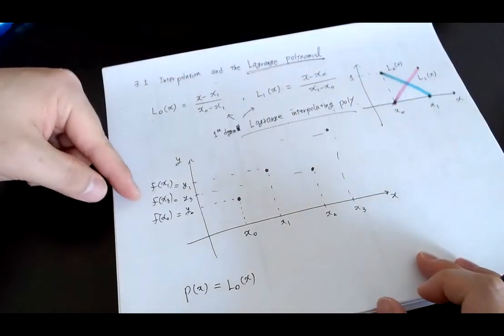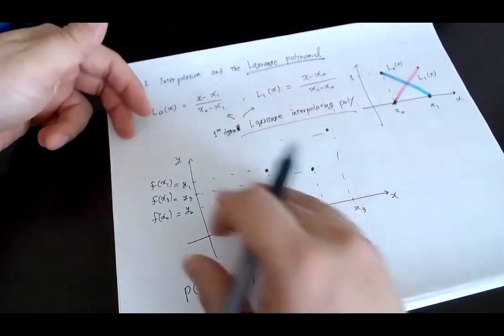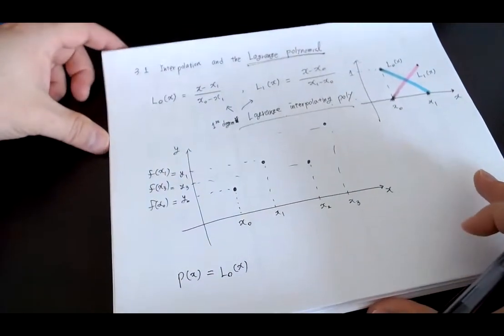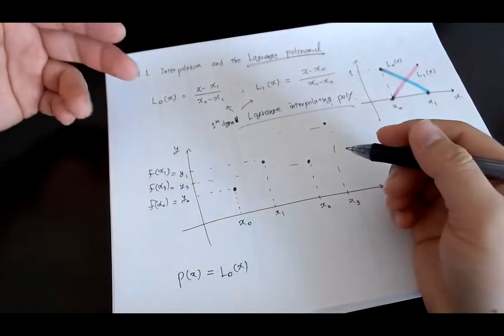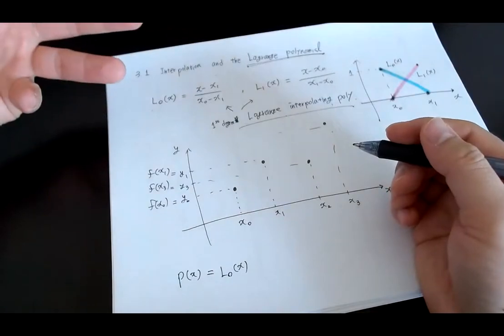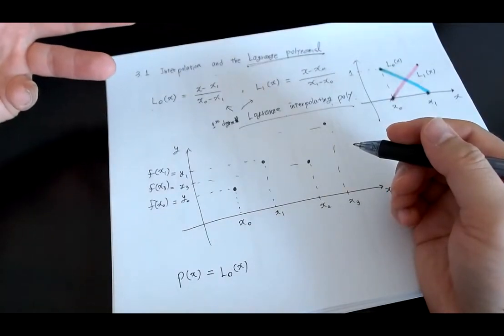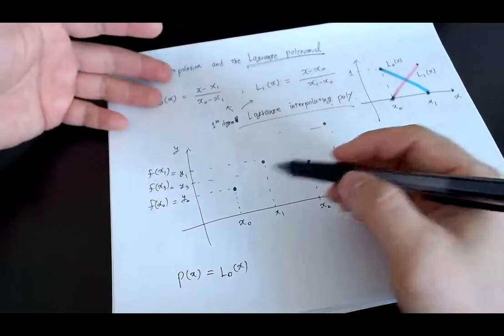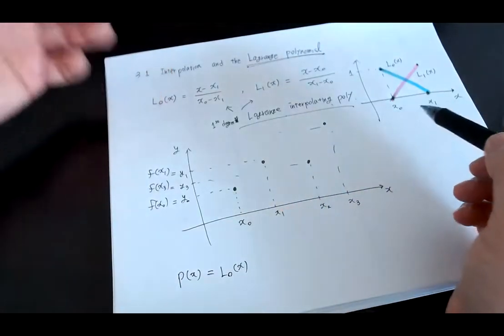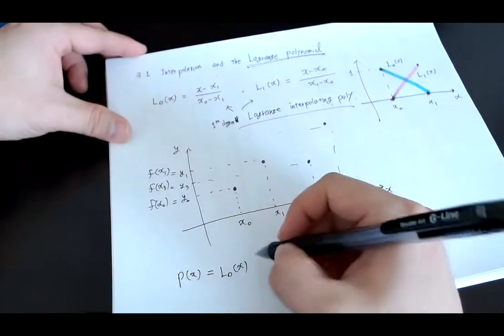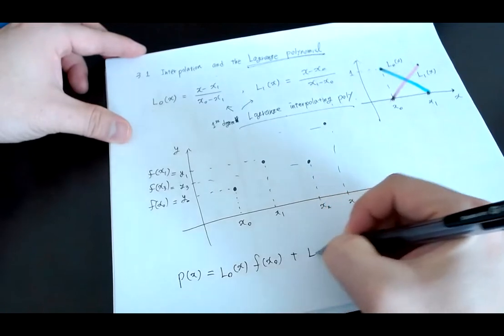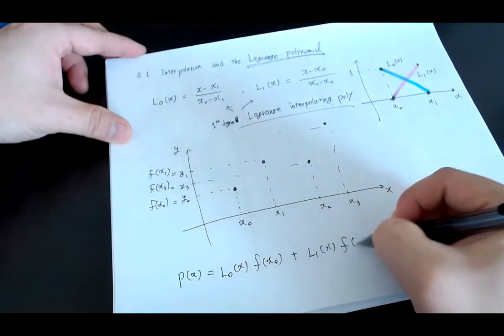What we are given is only data. But let's say we know the function that passes through all the data exactly. So this is L naught of x times f of x naught plus L1 of x times f of x1.